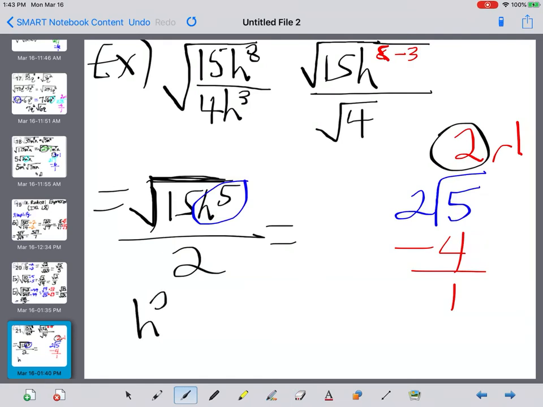So I'm going to have h to the second. And then still inside the radical, I have 15 because that's not a perfect square, and it doesn't have a perfect square inside it. And then 1h was left because I had a remainder of 1. And then over 2.